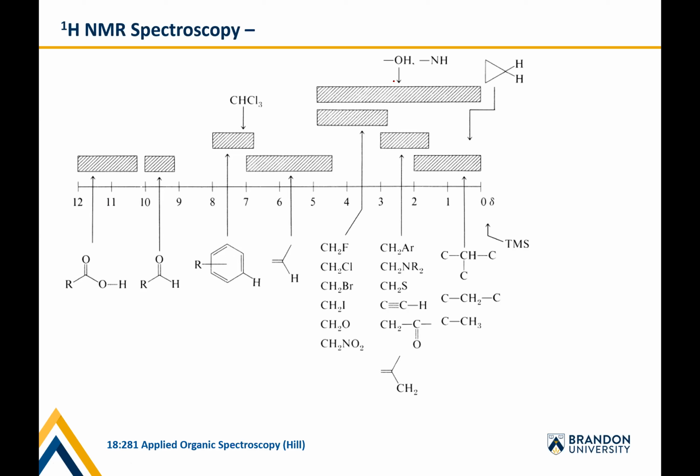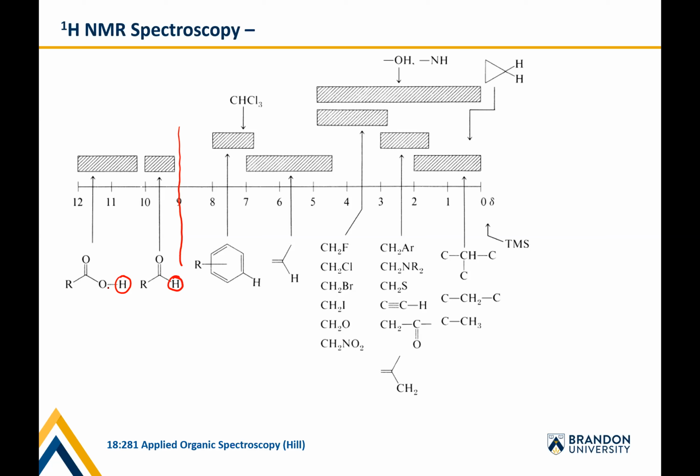The first region occurs above 9 ppm. And there's essentially two types of protons that you will see up there: the aldehyde proton and the carboxylic acid proton. So they're in a really de-shielded zone.